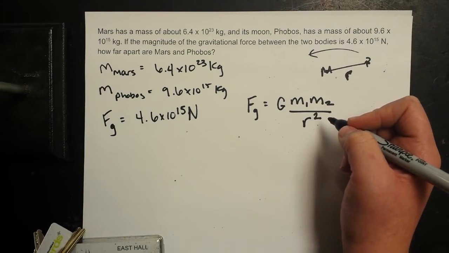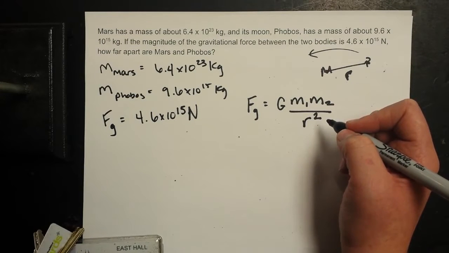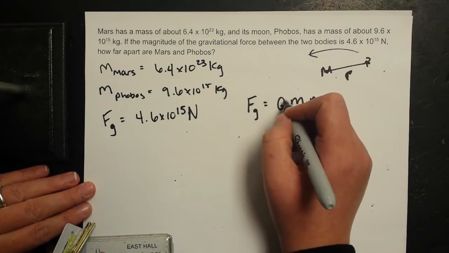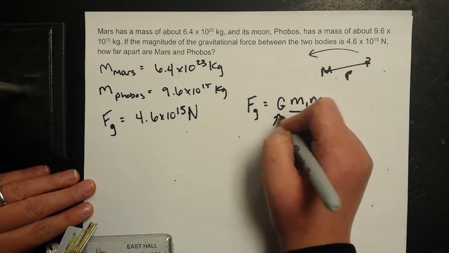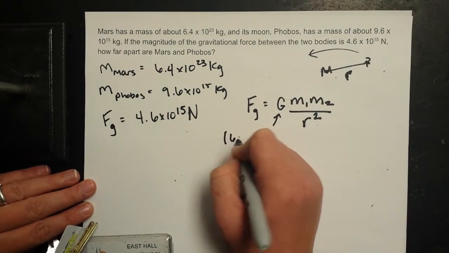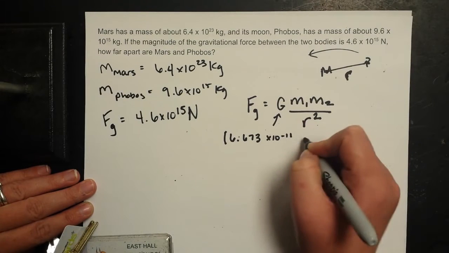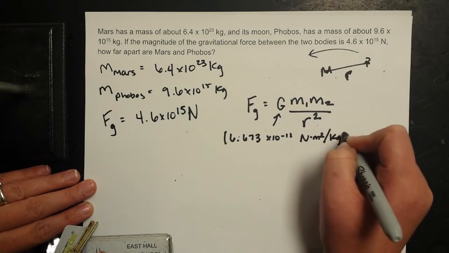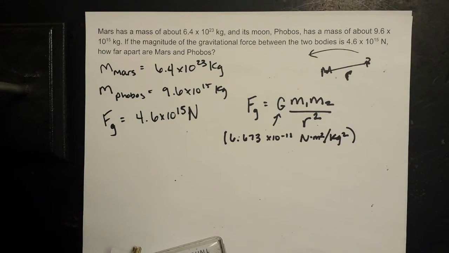Remember, we call that the constant of universal gravitation, and its value is 6.673 times 10 to the negative 11th Newton meter squared per kilogram squared. Crazy fudge factor, but it will help our units work out and keep everything at the right magnitude.